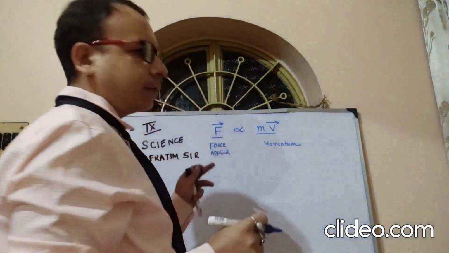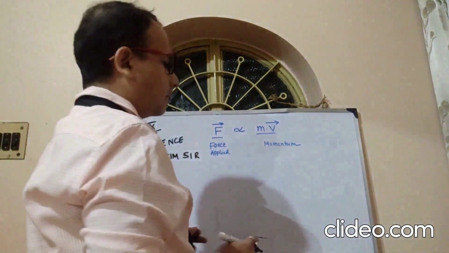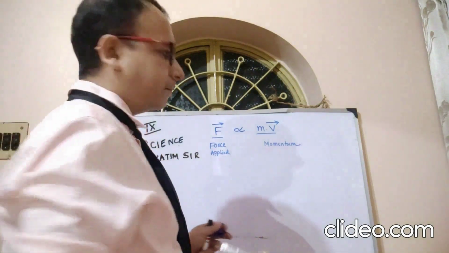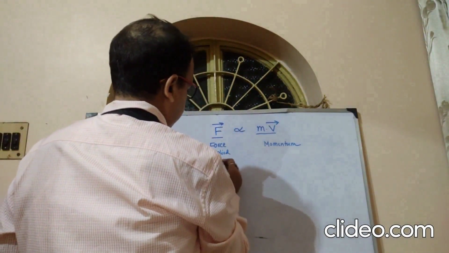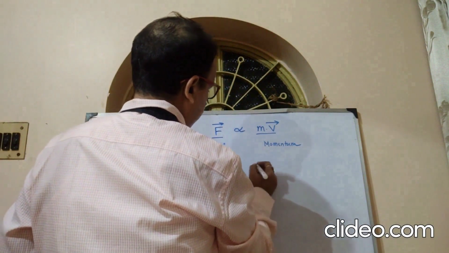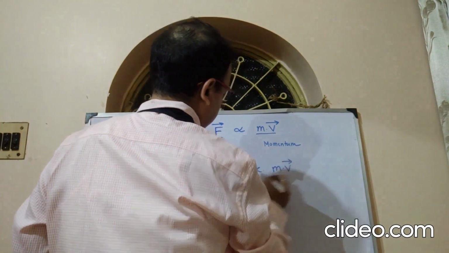So force applied is directly proportional to the momentum. Now applying differential calculus, F vector is equal to k into m into v vector.